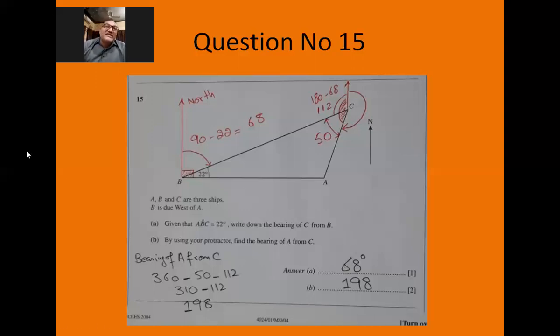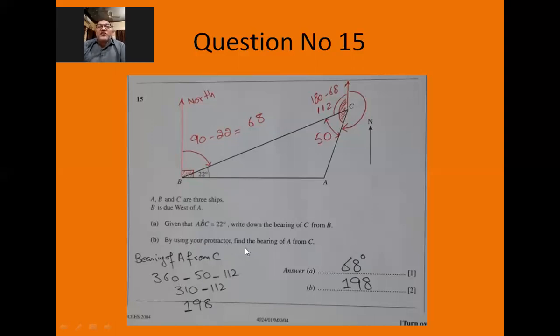So I want to know this angle. That will be the bearing of C from B, and this angle will be 90 minus 22, and that will be 68. So the bearing of C from B will be 68 degrees.